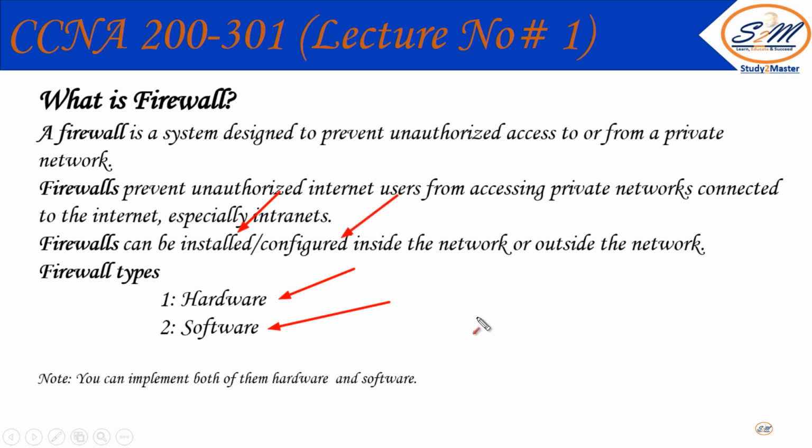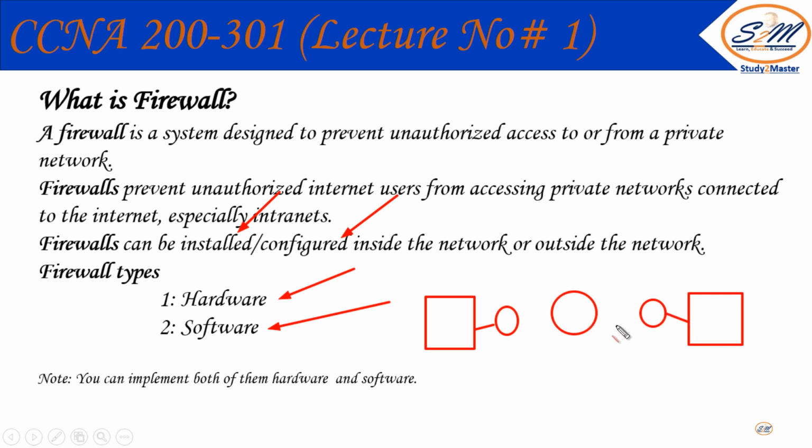So let's explain with the help of an example. If we have network computers here and also a network here, and we have the internet here, these are connected to a router, and also here we have a router. We can install a firewall. This network is connected to here, and this area is the internet.